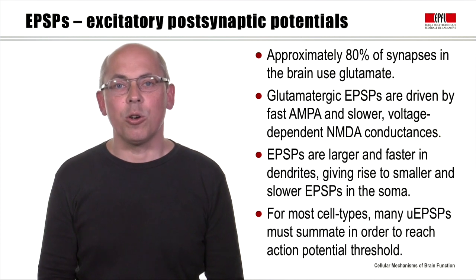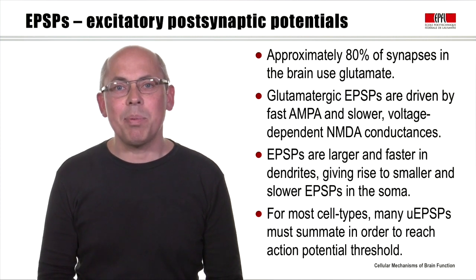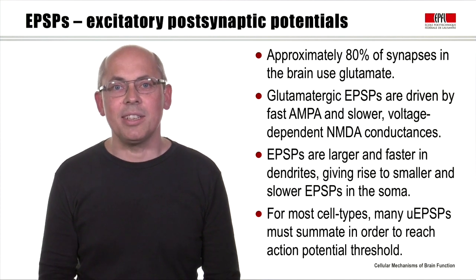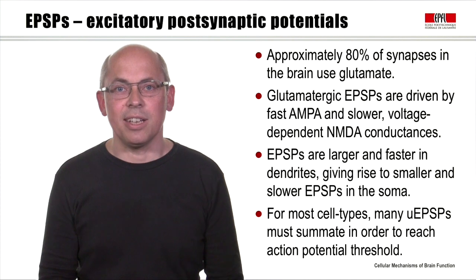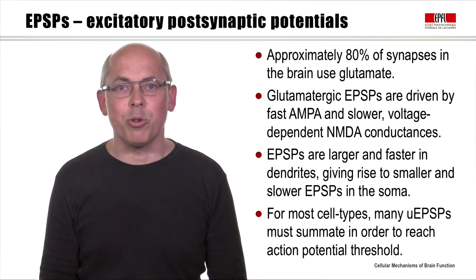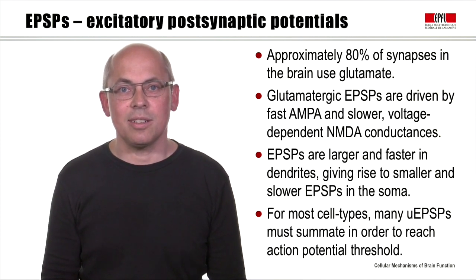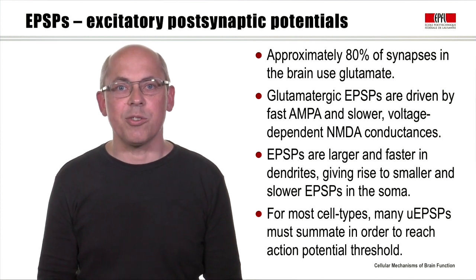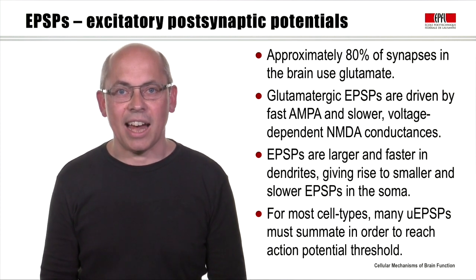Individual unitary PSPs that come into the soma are typically small in amplitude. They may be 1 or 2 millivolts in amplitude if you're lucky, and they last some tens of milliseconds. But typically they're not sufficient to drive postsynaptic action potential firing. For that, we probably need the convergence of many tens or hundreds of presynaptic neurons, all firing action potentials with some degree of synchrony, so that we can get this postsynaptic temporal integration on the timescale of the PSP, which is somewhere around 10 to 20 to 50 milliseconds, depending again upon how much depolarization there is postsynaptically and to what extent the slower NMDA receptors are being activated.